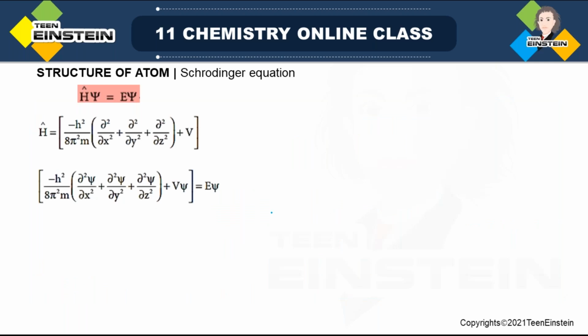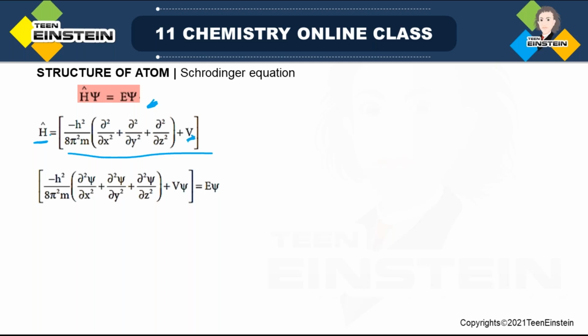So this is the equation, H psi equal to E psi. This is the main equation. But what is H? In short, it is H, but it is actually like this. Here you can see the differential equation, del squared by del x squared. Fine, it is a differential equation, and V is potential energy.